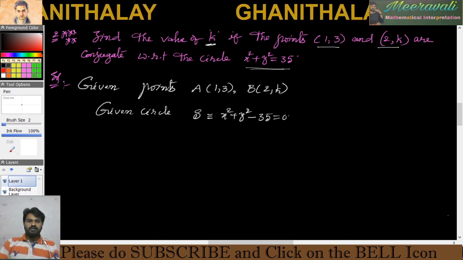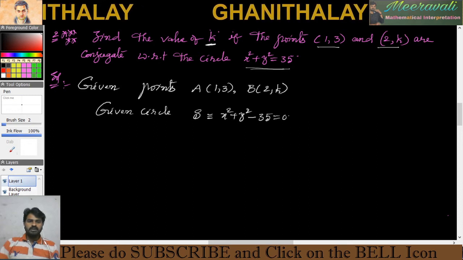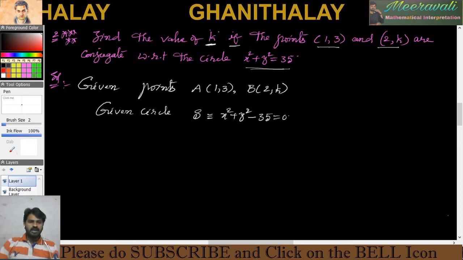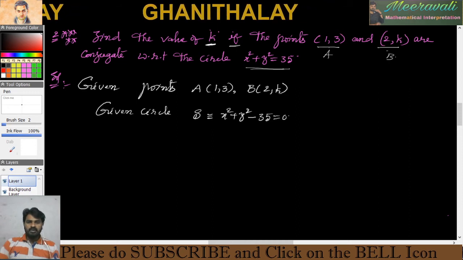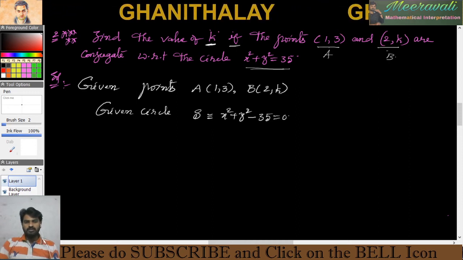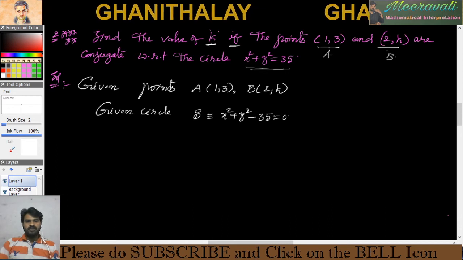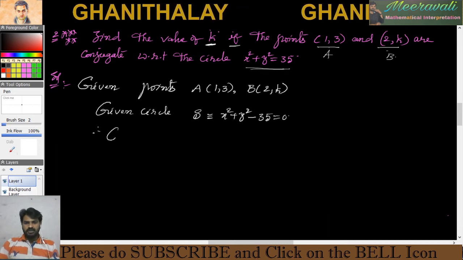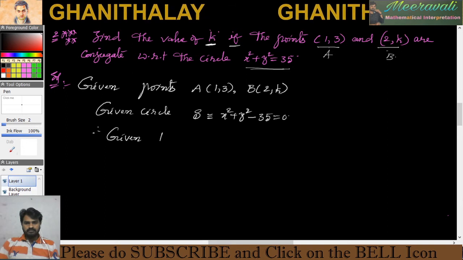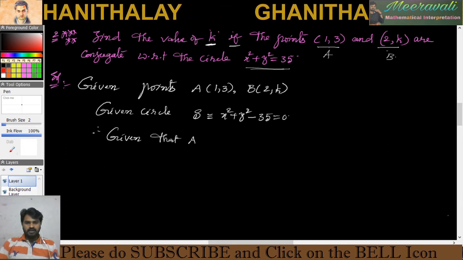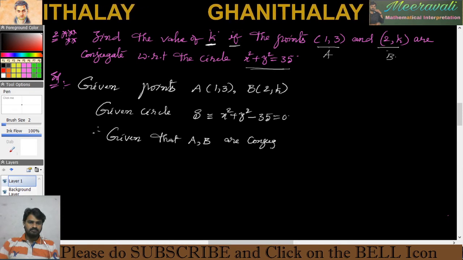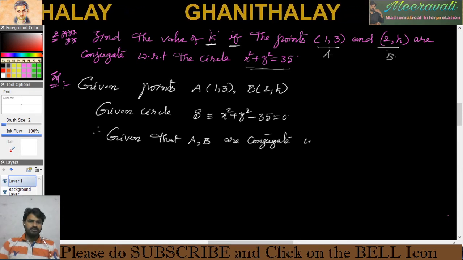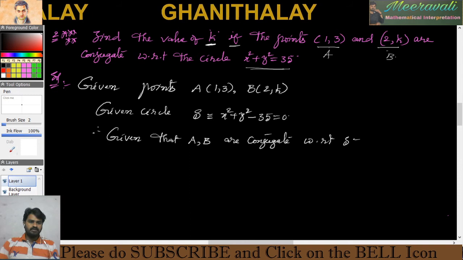To find the value of k, what is the given condition? If the points A and B are conjugate. That means in the problem the 2 points will be given as conjugate. Therefore, given that A and B are conjugate with respect to S is equal to 0.